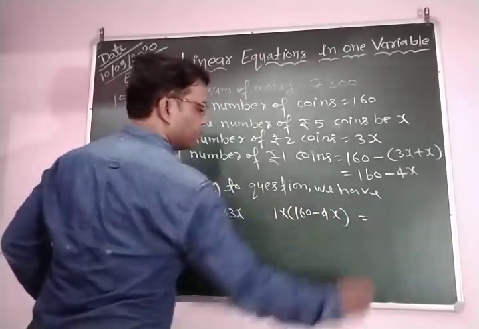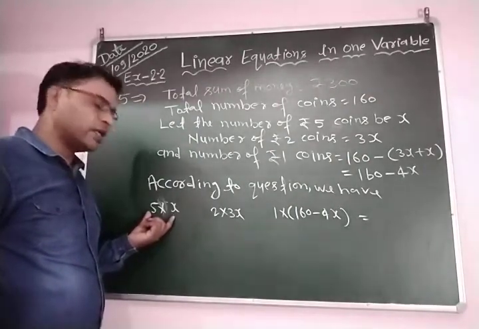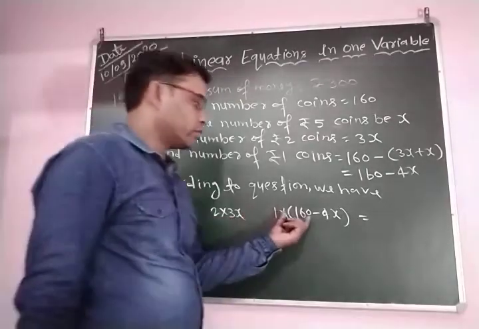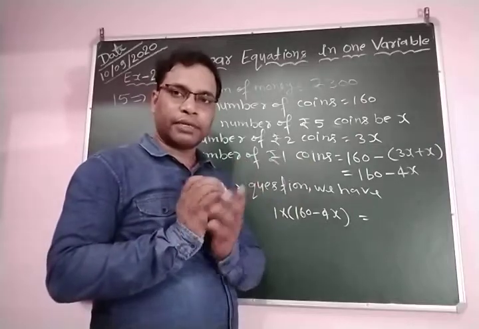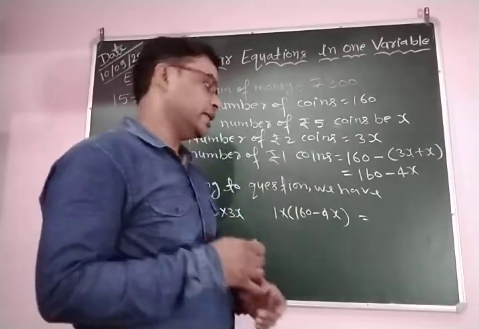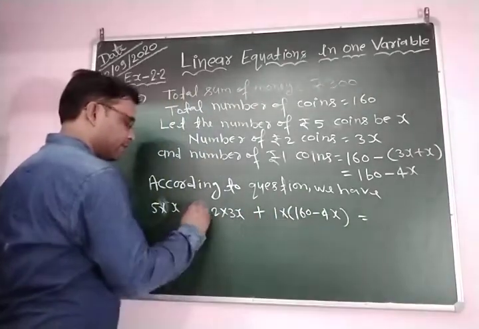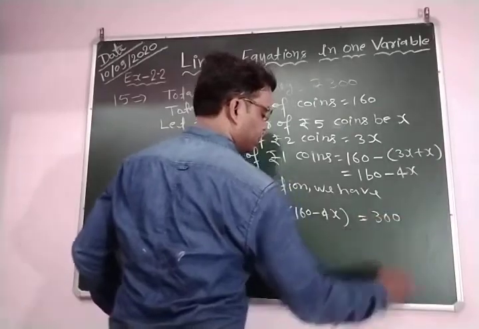This is the total amount of 5 rupee coins, this is the total amount of 2 rupee coins, and this is the total amount of 1 rupee coins. If you add them, we obtain 300 rupees. So we write plus, and this is equal to 300 rupees.